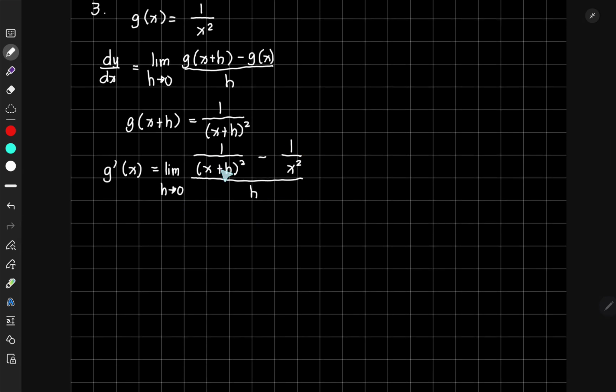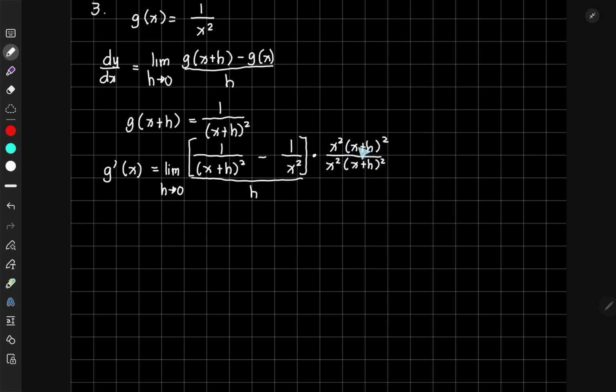So getting the common denominator at the top, we focus only on the numerator. We multiply the numerator by x squared times x plus h squared, all over the same x squared times x plus h squared. We can cancel this out because it is also equal to 1.